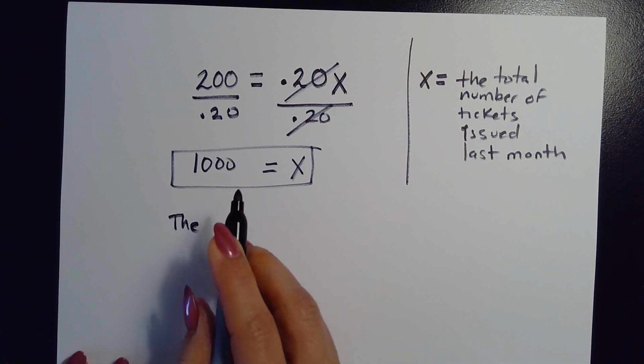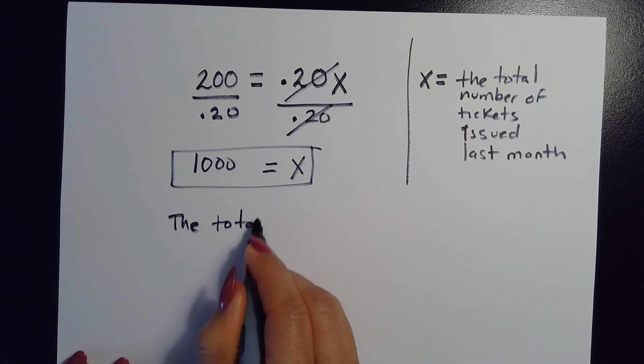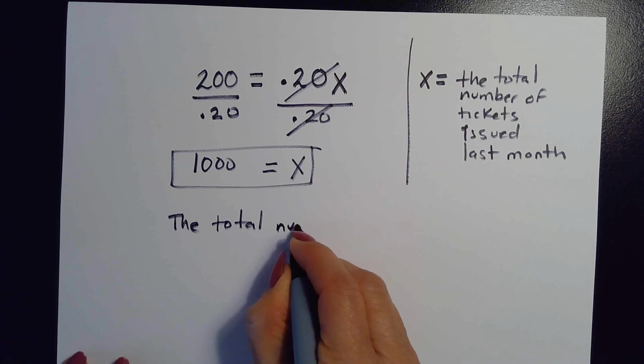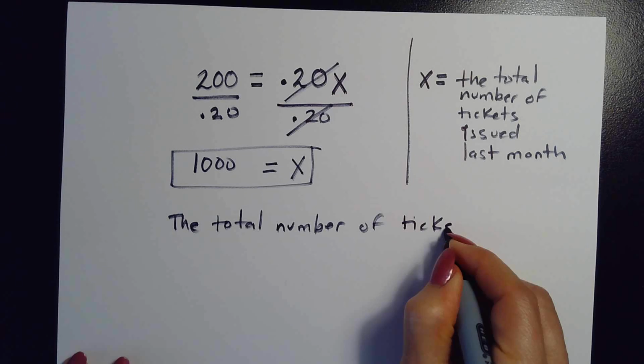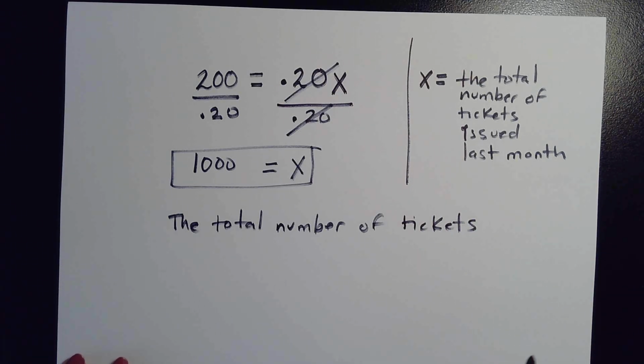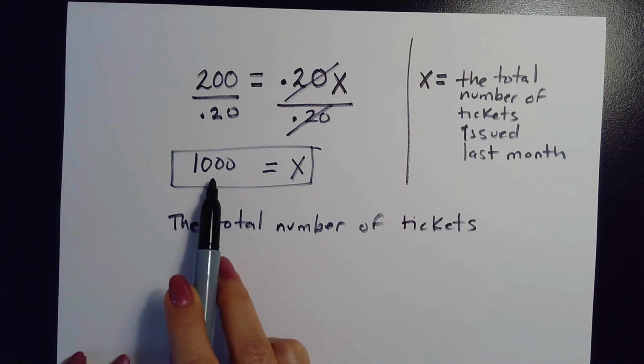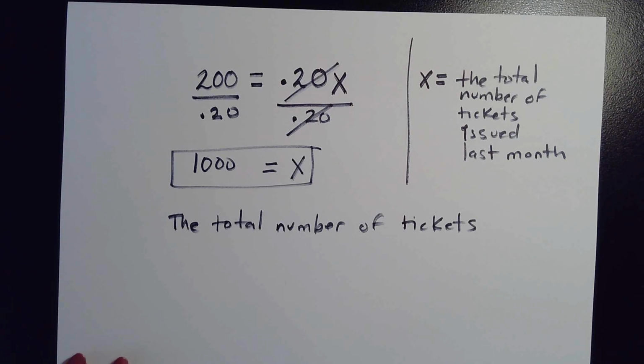So the total number of tickets issued last month were approximately, because remember that we are using numbers that are estimates, okay?